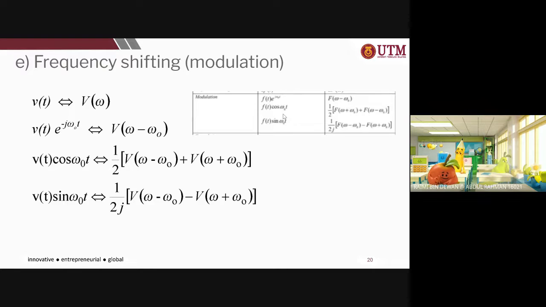For the cos and sine, you will have the half of them, and your frequency will be shifted by omega naught: one will be advanced by omega naught, and the other will be delayed by omega naught. And this one is 1 over 2j. Why 2j? Because you know, from your Euler, sin has 2j at the bottom part. Then omega minus omega naught and omega plus omega naught.